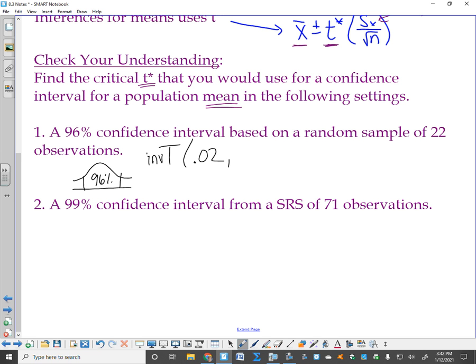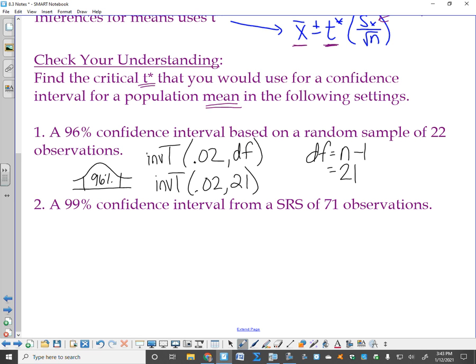And then what comes in next is my degrees of freedom. Now remember, degrees of freedom was sample size minus 1, so 22 minus 1 is 21. So I'm going to inverse t 0.02, 21. And I'll show you where to get that on your calculator.